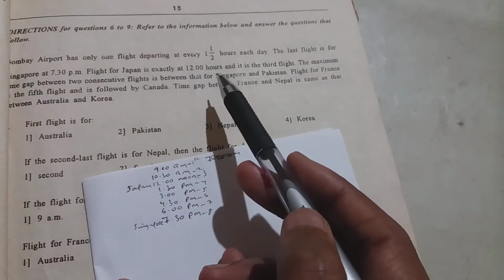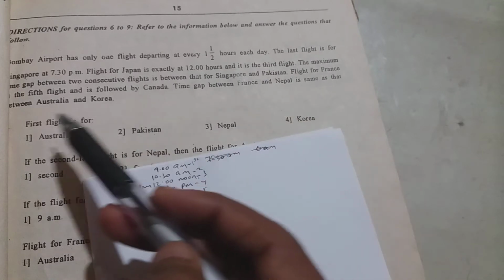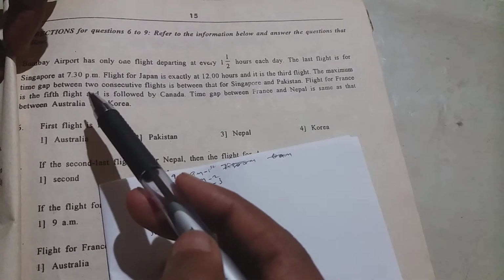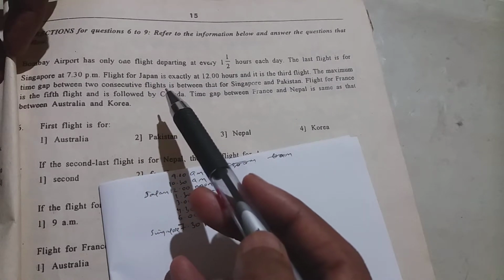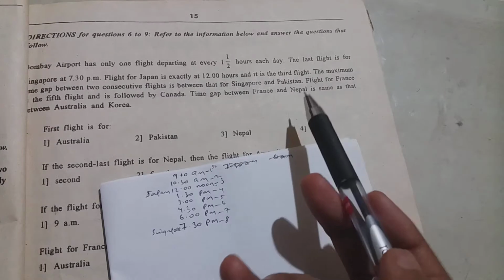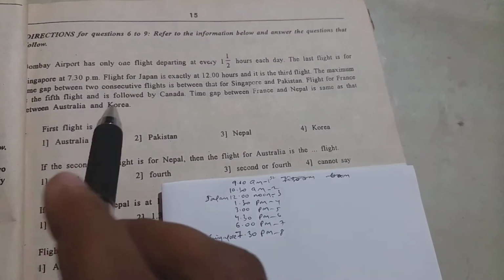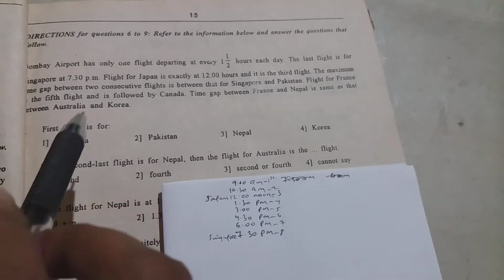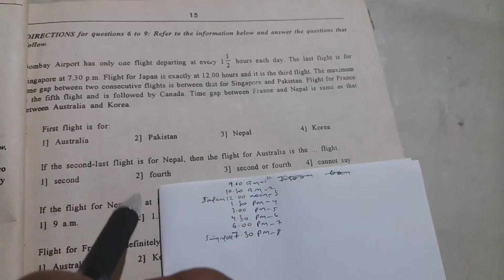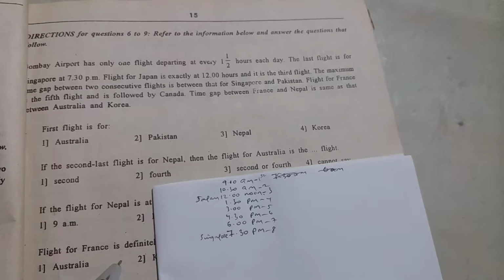Flight for Japan is the third flight. The maximum time gap between 2 consecutive flights is between that for Singapore and Pakistan. Now maximum time gap, when can it happen? The maximum time gap for any consecutive flights, when can that happen? That can happen between this last flight and the first flight.